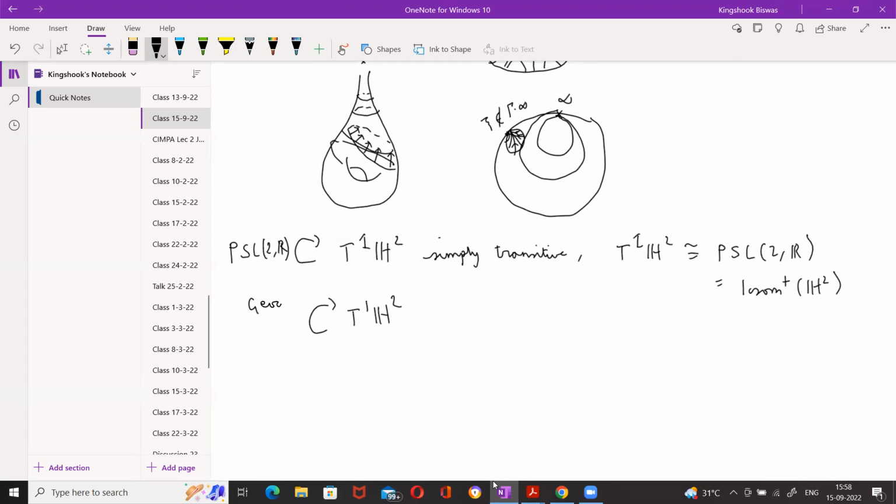This corresponds to the action of the diagonal subgroup, that's your A group, acting on PSL2R by translations.